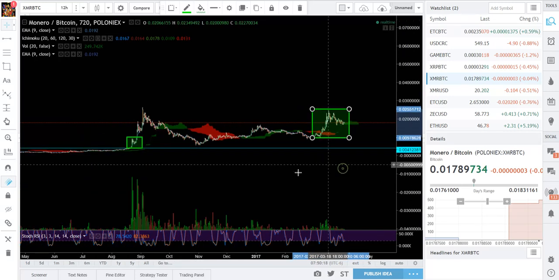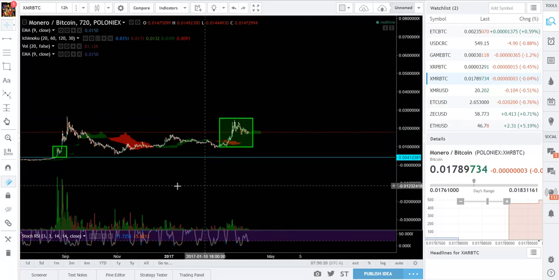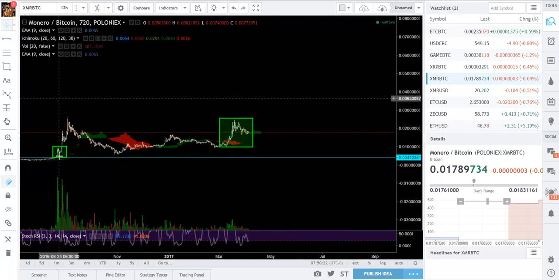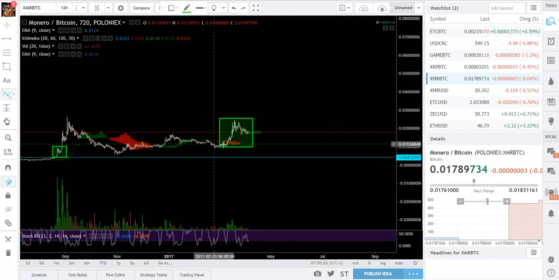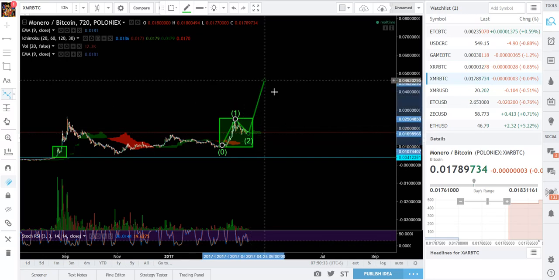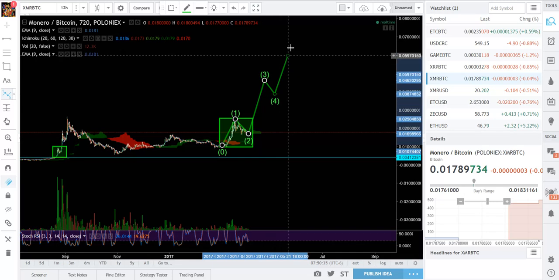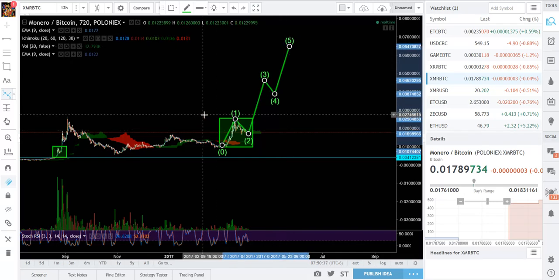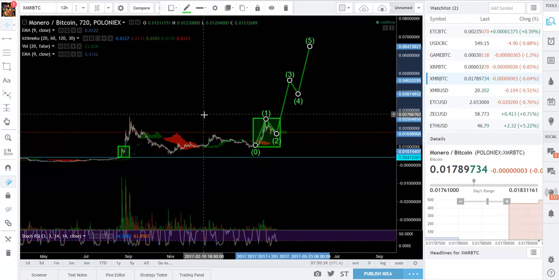So what this is setting itself up to do is do the same thing it did here, except now on a higher level, on a bigger time frame. Okay? Something like this.